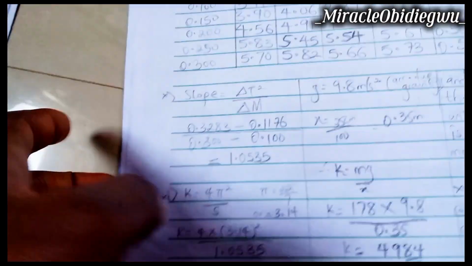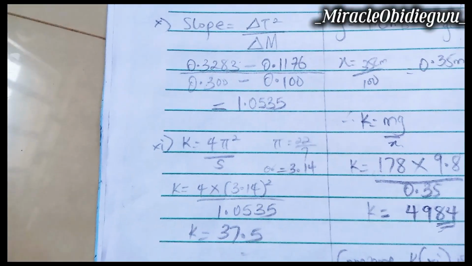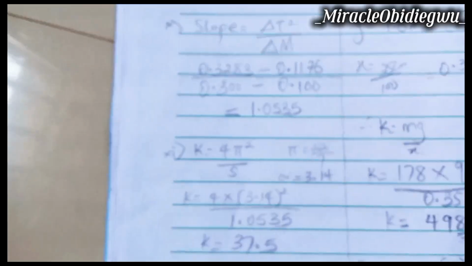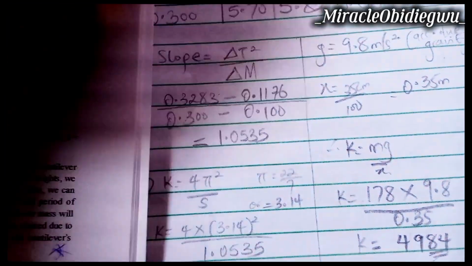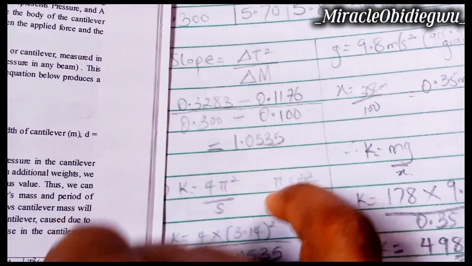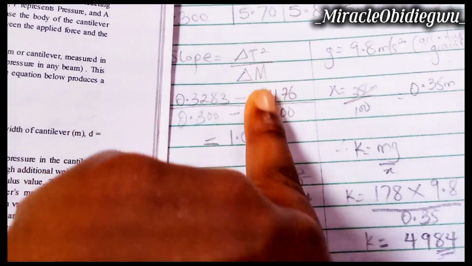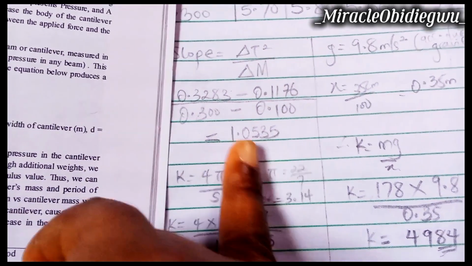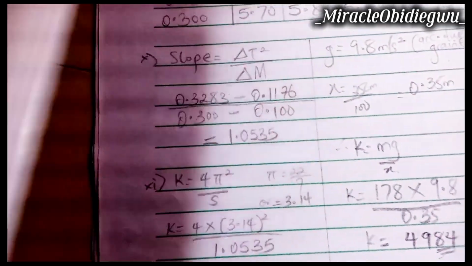That's what you're going to do to be able to get your slope. After you get your slope, it may not be exactly like this because we may not have the same figures in the table of values.